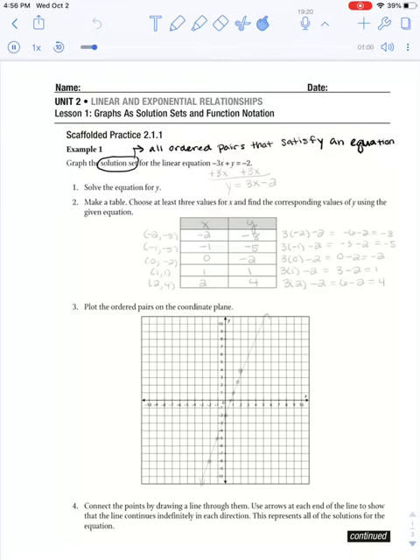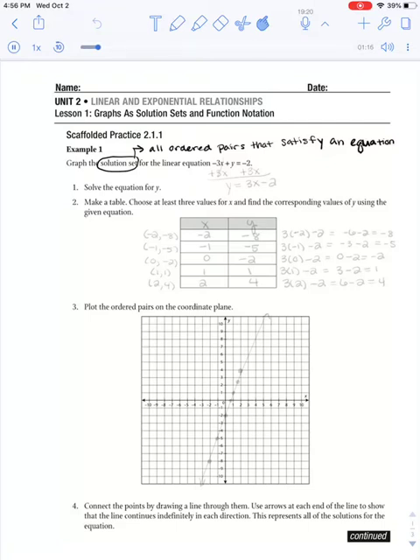So all x values and all y values that, when you plug them into the equation, would give you a true statement. So if I look at this function, it says negative 3x plus y equals negative 2.